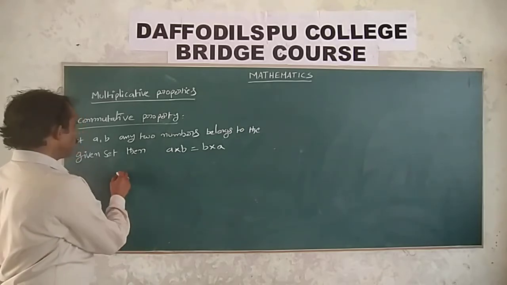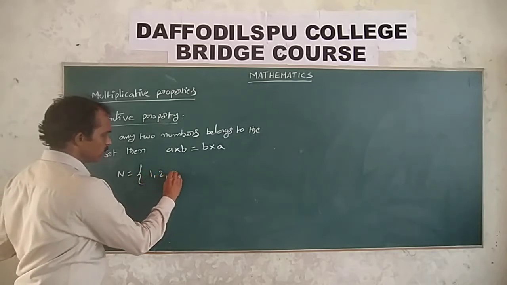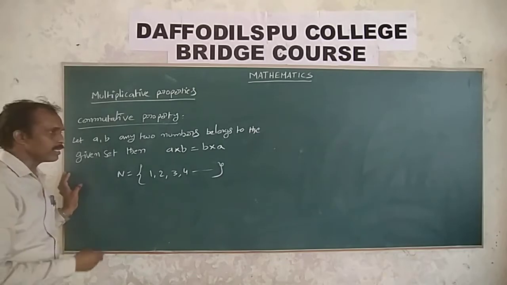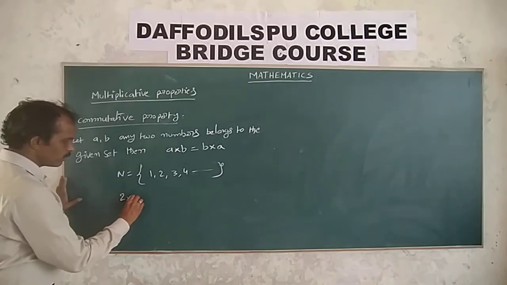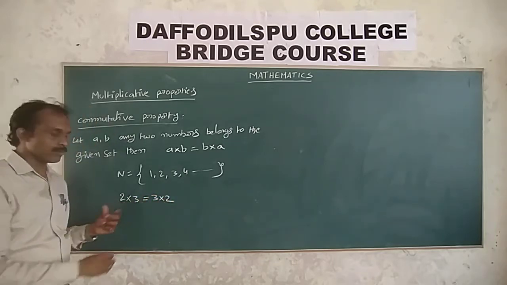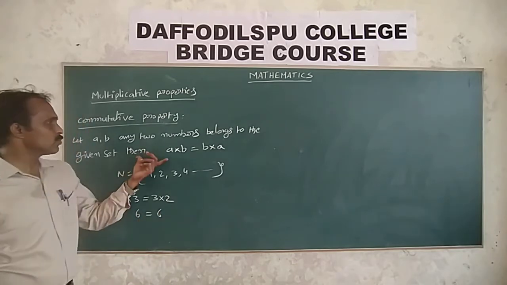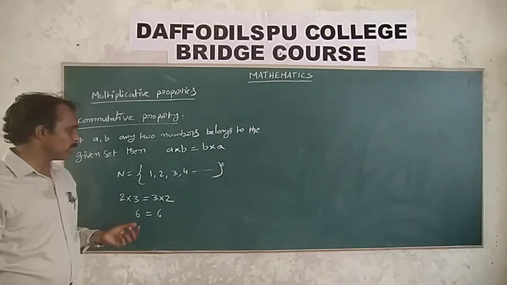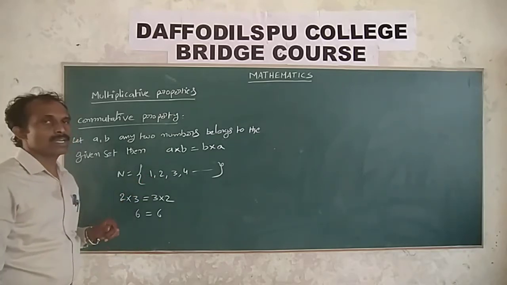For example, take the set of natural numbers 1, 2, 3, 4 and so on. Consider 2 comma 3. Suppose A is 2 and B is 3. 2 into 3 is equal to 3 into 2. 2 into 3 value is 6 and 3 into 2 value is also 6. So it satisfies the commutative property A into B is equal to B into A in the set of natural numbers.